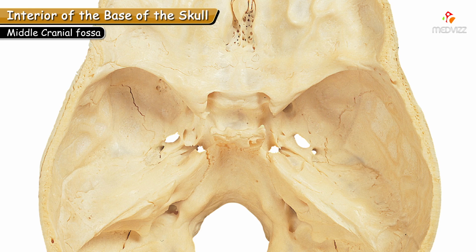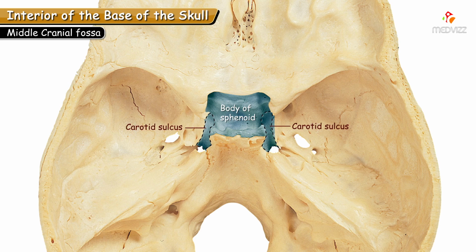And moving on to on each side. So laterally on each side, the body of the sphenoid is related to a faint sulcus called as carotid sulcus. Carotid sulcus is observed as a shallow groove on each side of the body of sphenoid, and this groove is related to internal carotid artery.